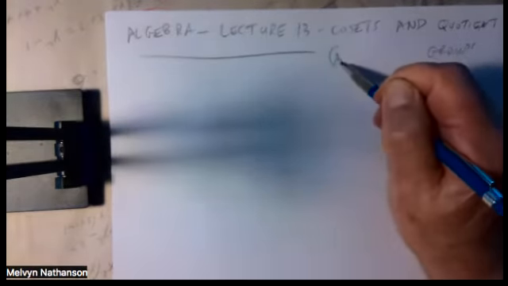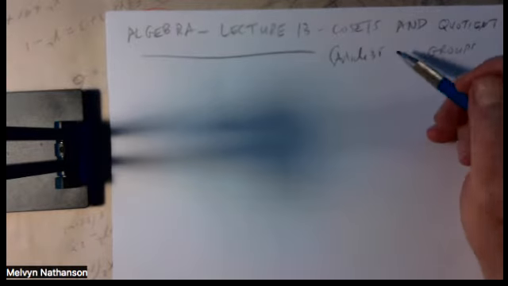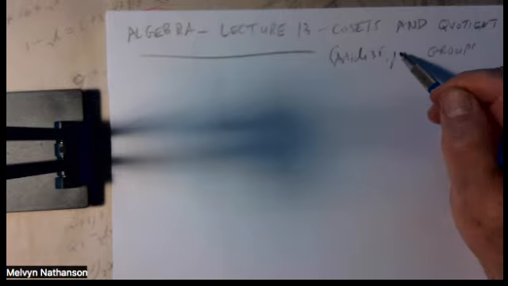So today we're going to talk about subgroups, cosets, and quotient groups. So in the text, this is Article 35 on page 24.